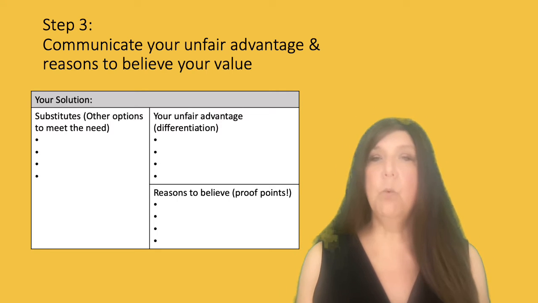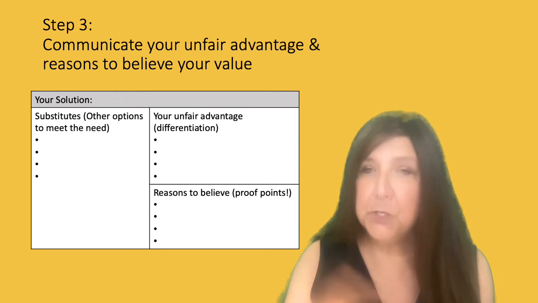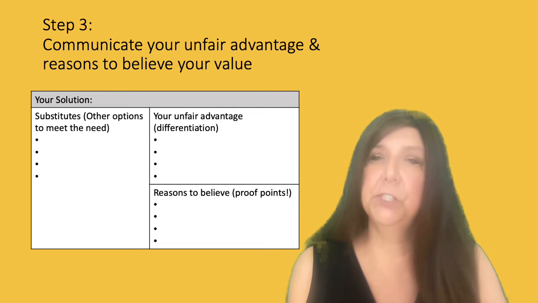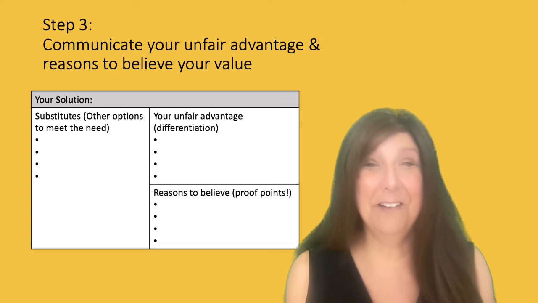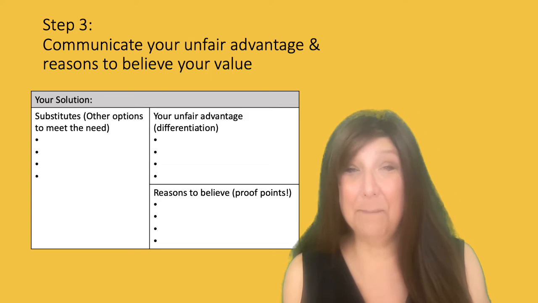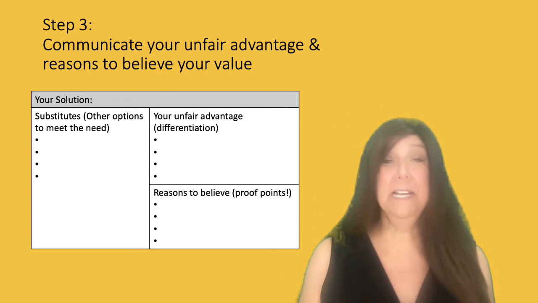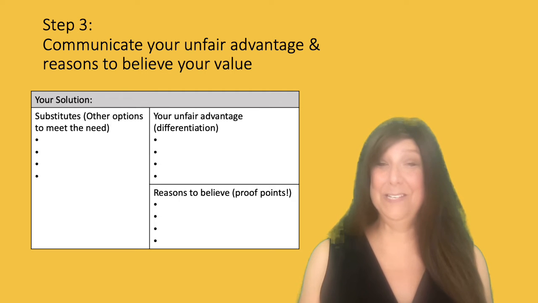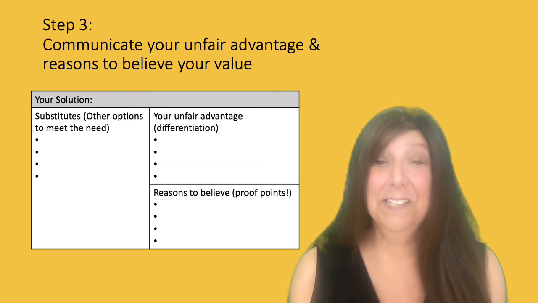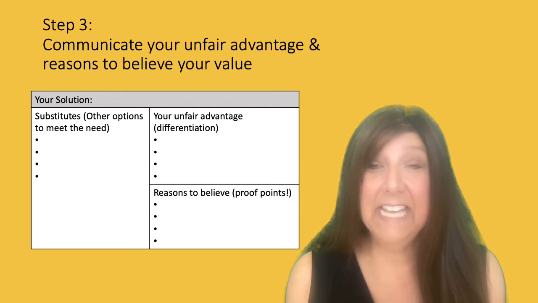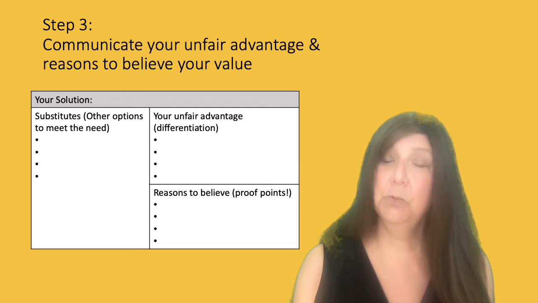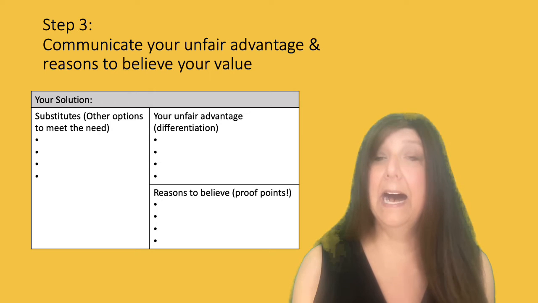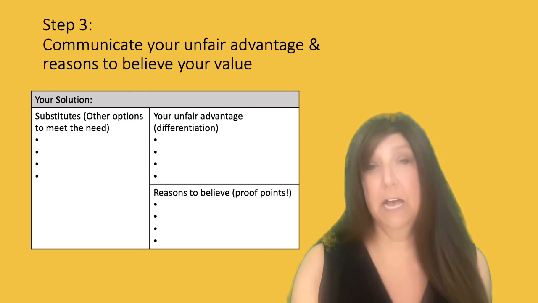Or we have 100 customers who took advantage of this service in the last 10 days, and we have 5-star reviews from them. We are the best because we were the first to market. We've figured out all the kinks. So the proof points are those reasons, factual reasons why I should choose you over the competition.